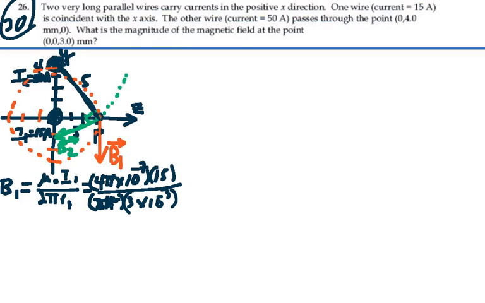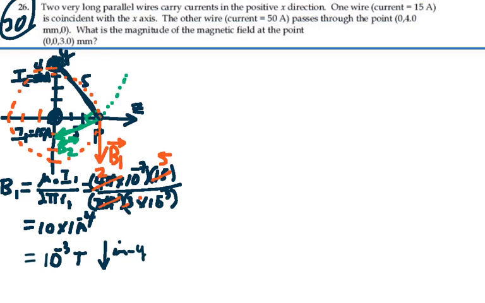The 4 pi divided by 2 pi is going to give us 2 left over there, and then the 15 divided by 3 is going to give us 5 left over there. So this is going to be equal to 10 times 10 to the minus 4, or we could say this whole thing will be 10 to the minus 3 Tesla in the negative y direction. That's B1.